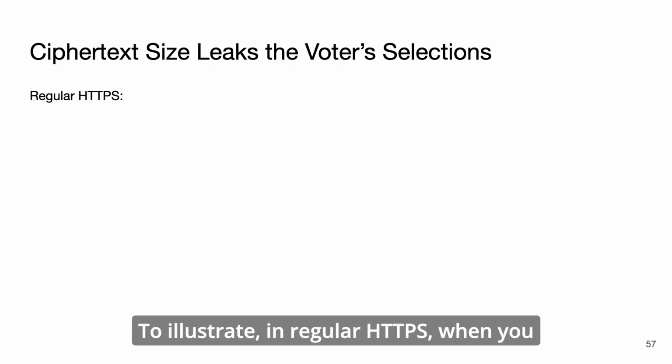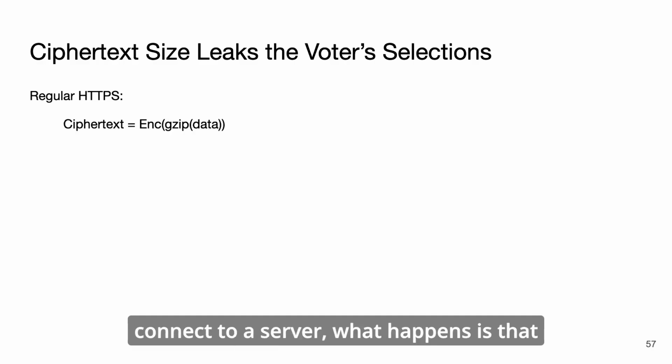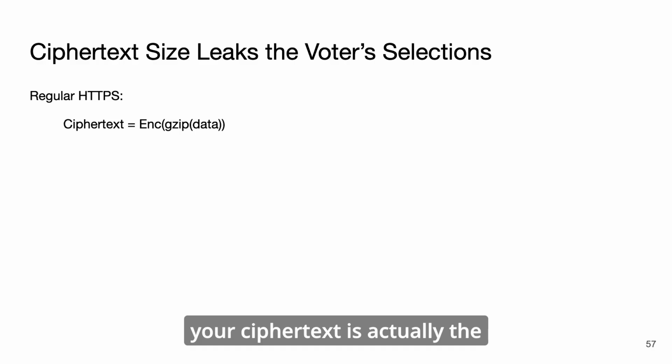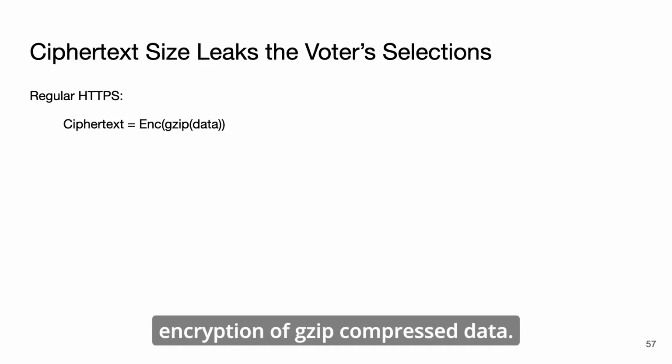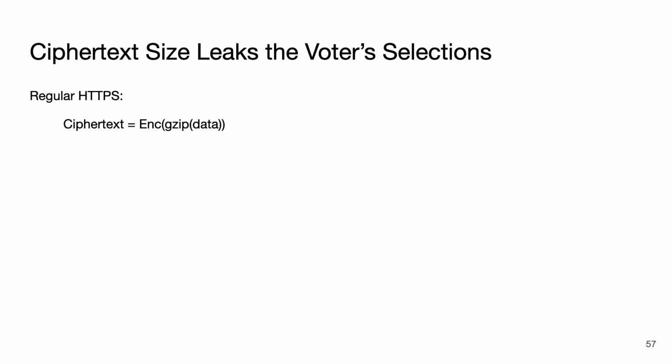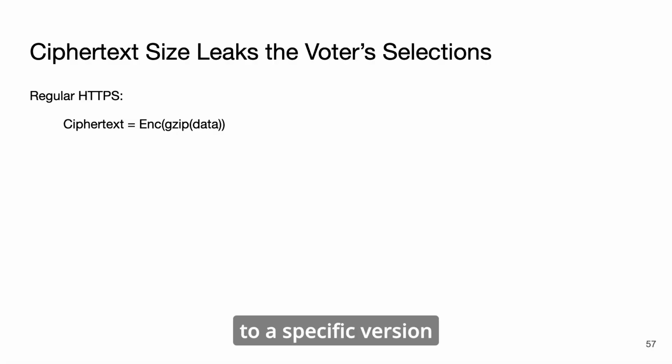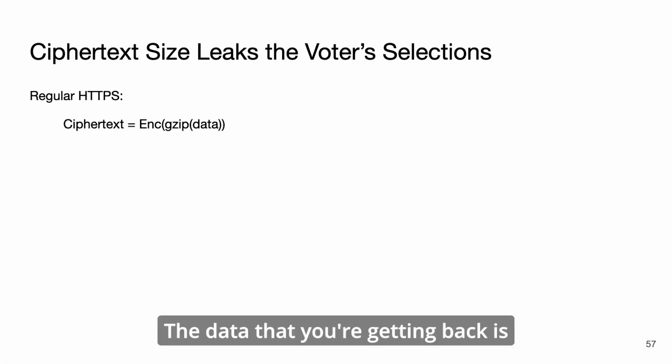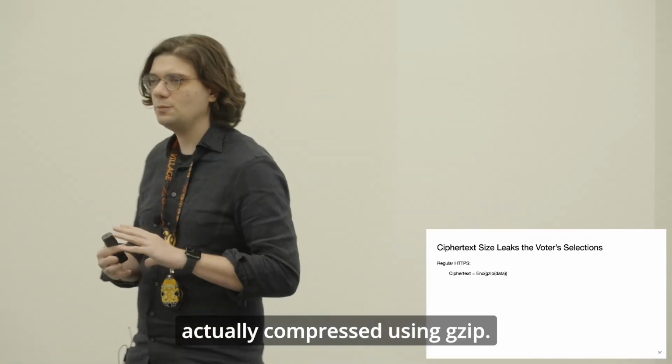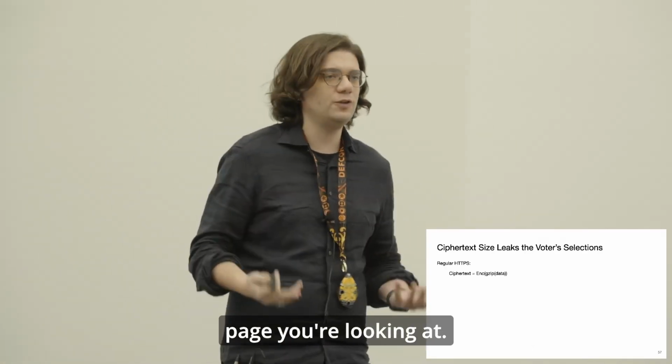So to illustrate, in regular HTTPS, when you connect to a server, your ciphertext is actually the encryption of gzip compressed data. So let's say you're going to a specific subreddit on Reddit. The data that you're getting back is actually compressed using gzip, so it's at least somewhat obfuscated what page you're looking at.